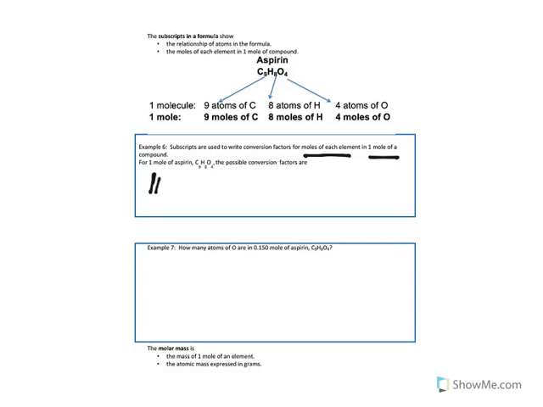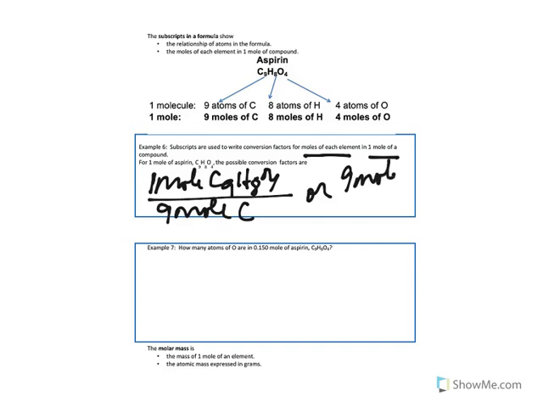Well, we said that 1 mole of C9H8O4 has 9 moles of carbon. That's one conversion factor. Or you could say that 9 moles of carbon are present in 1 mole of aspirin, C9H8O4.